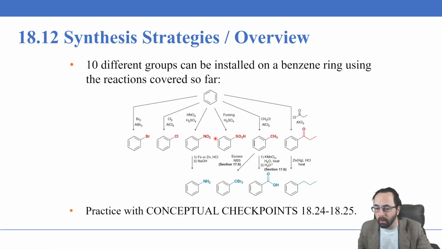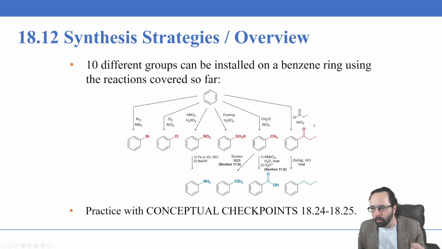They include the installation of nitro groups through the use of nitric acid and sulfuric acid, the installation of a sulfonyl group through fuming sulfuric acid, the Friedel-Crafts alkylation using an alkyl halide and aluminum trichloride, and the Friedel-Crafts acylation using an acyl group along with aluminum trichloride or iron trichloride as well.